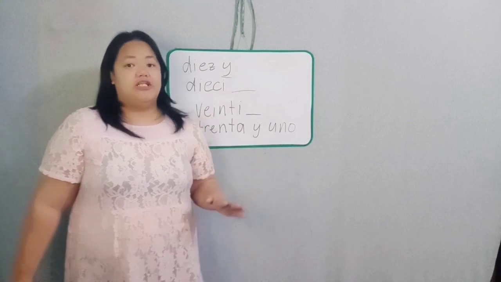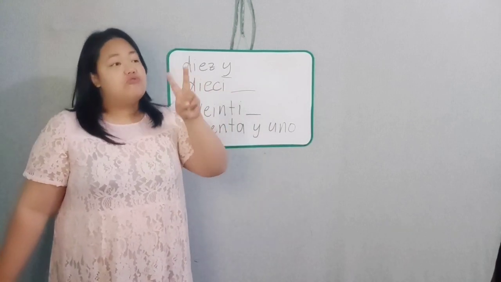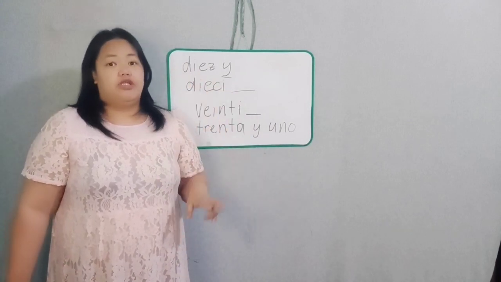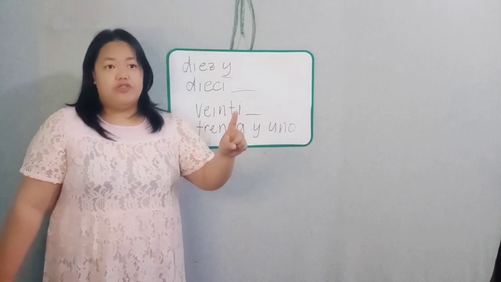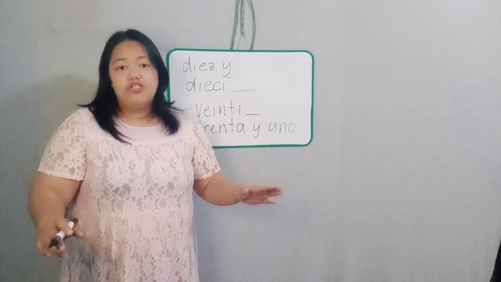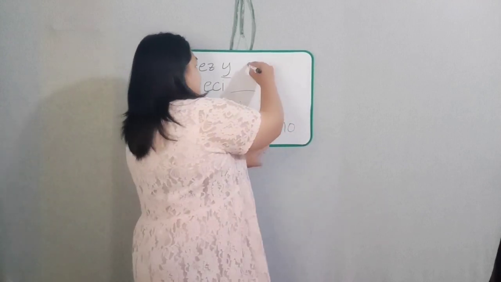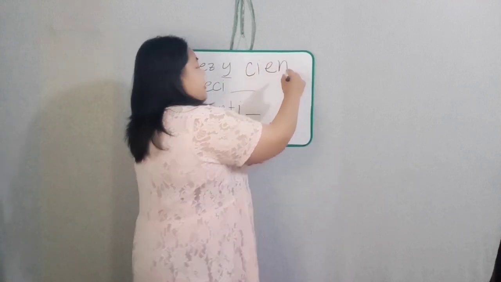Let's go to our 100. There are two ways to read your 100. It's gonna be cien. Okay, that's the first one. If it's just 100, it's cien. It's spelled C-I-E-N.